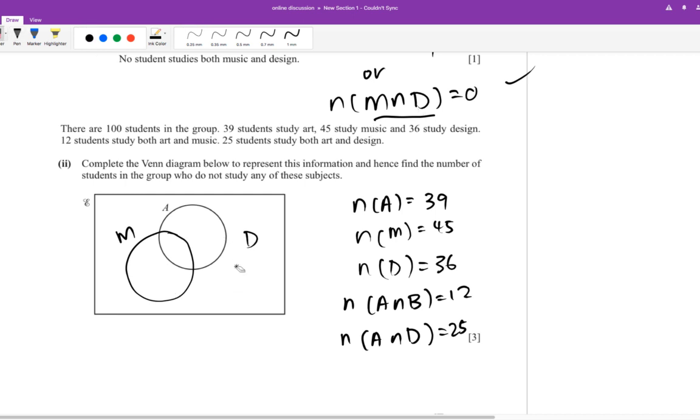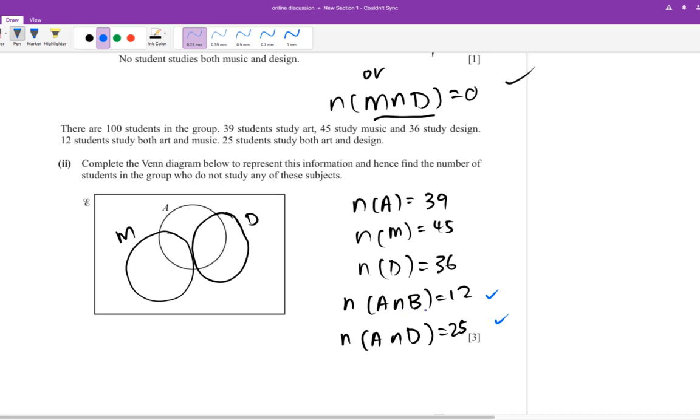So if I draw it one more time, I will draw it nicely because they don't intersect. Because there's no student who studies music and design, I do not need to intersect them. When I do this kind of question, the first thing I do is focus on the intersection parts first. I will not start with 39, 45, 36; I will start with 12 and 25.